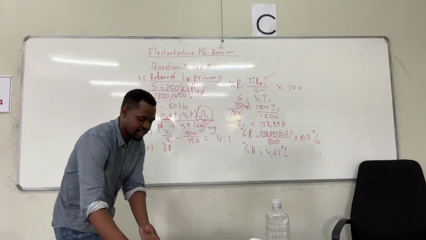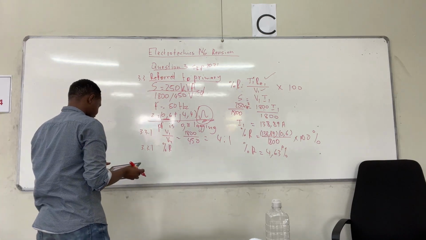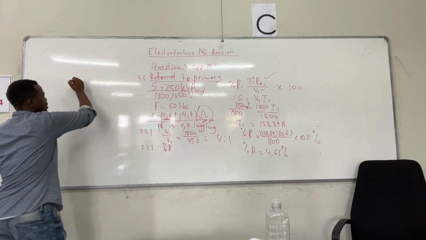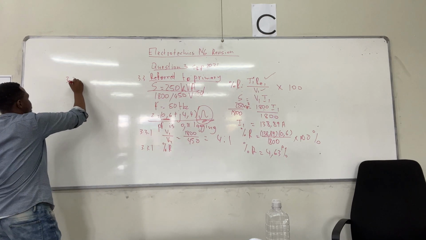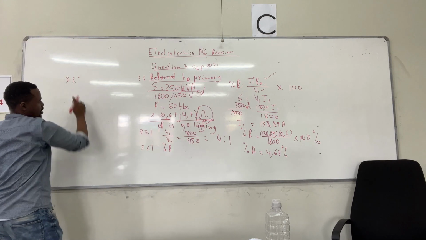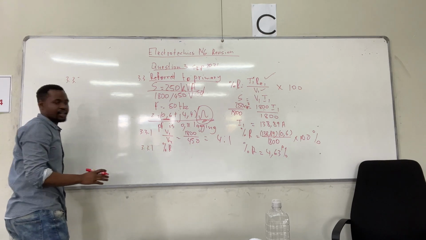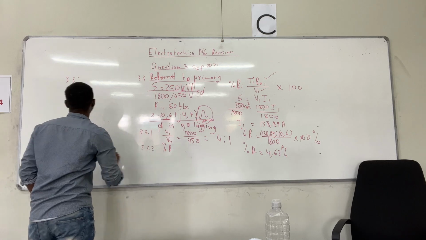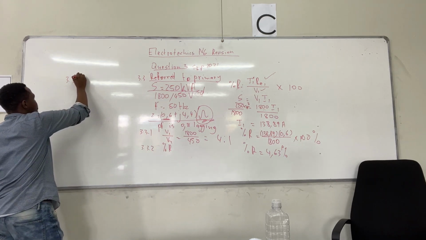The next question is the percentage reactance. Okay, this one was 3.3.2, this one is 3.3.3.